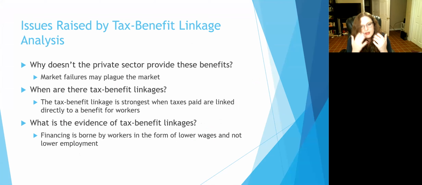there's problems analyzing tax benefit linkages, right? And that is very difficult to measure. I hope you've realized that that's a theme of public economics: when we're looking at the expenditures and taxation of governments, things are very, very difficult, and there's lots of moving pieces, and we have to get them all exactly right to know what's going on.